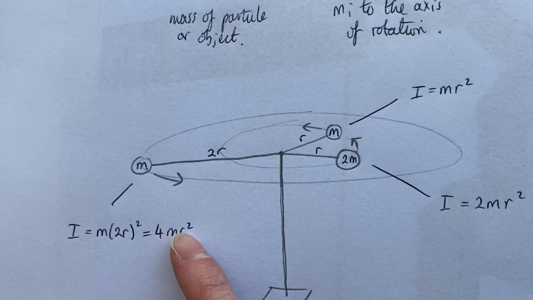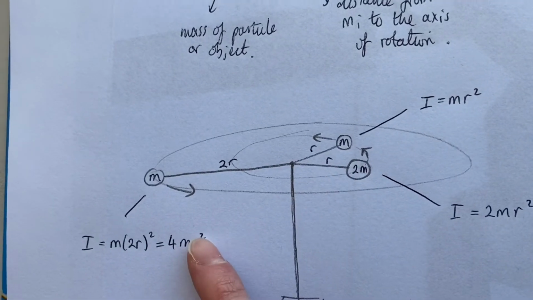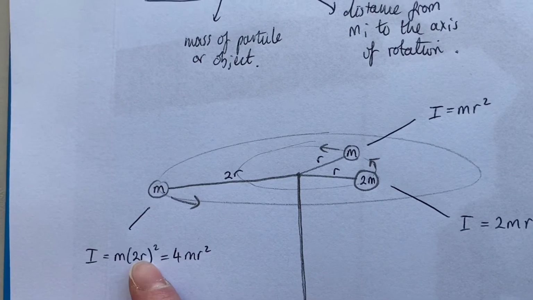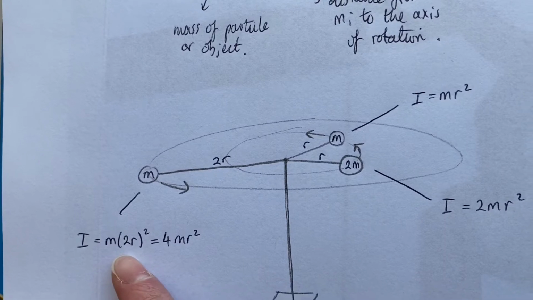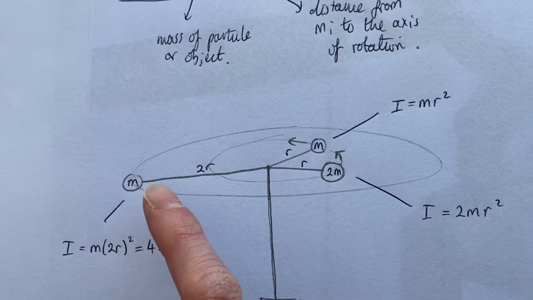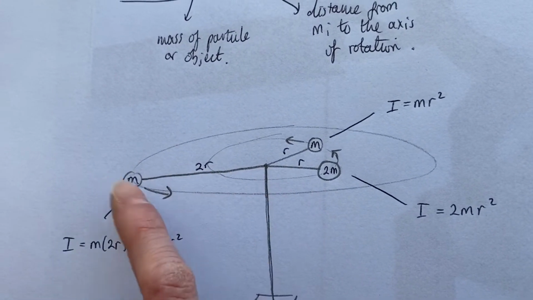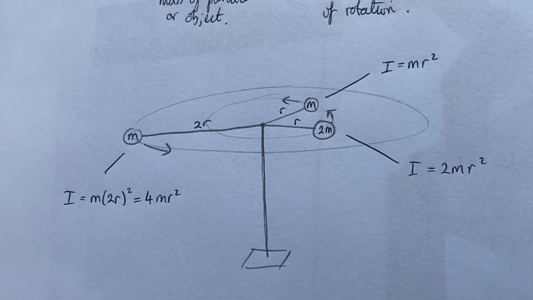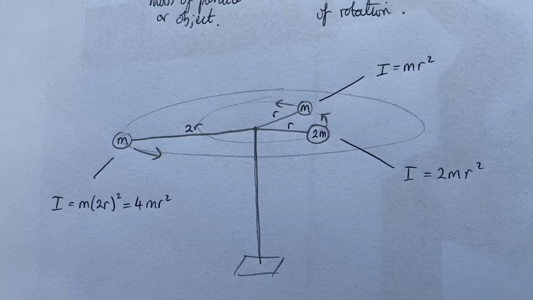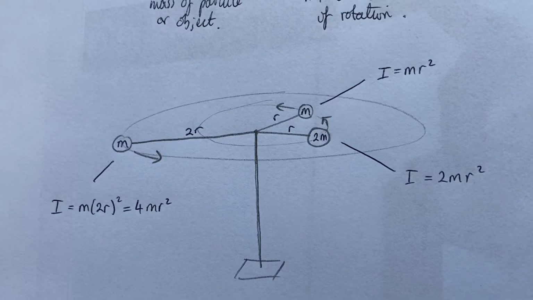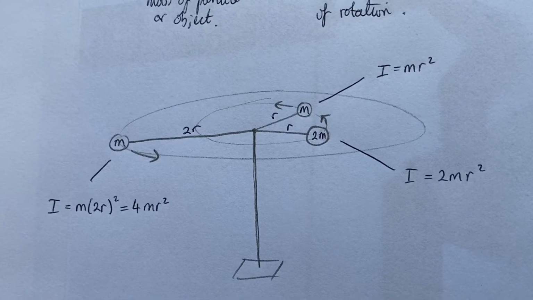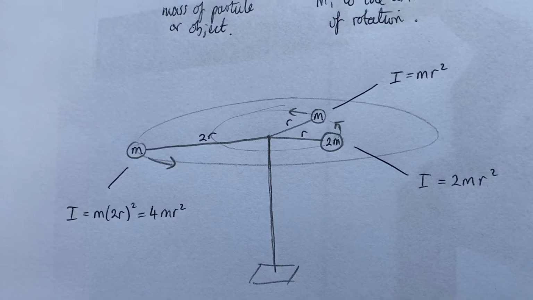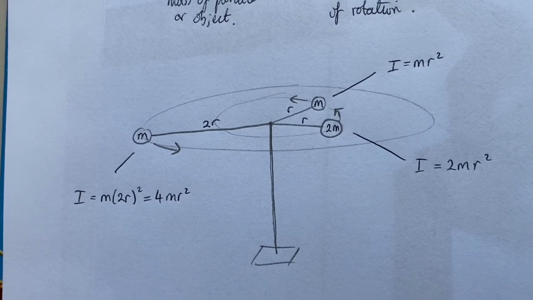We get 4mr squared, right? Because the radius is squared. So actually the distance from the central axis to the point mass is the driving force in increasing the moment of inertia rather than the mass. So that's something to think about.